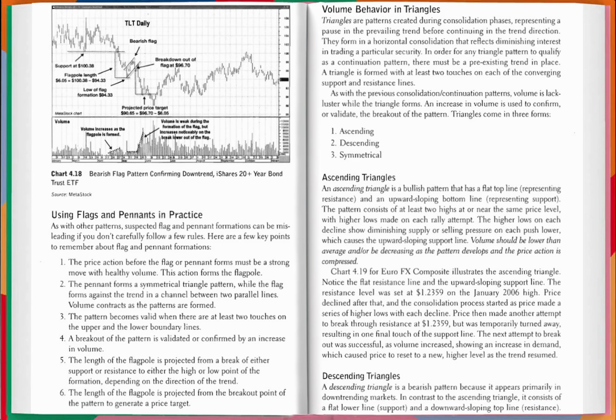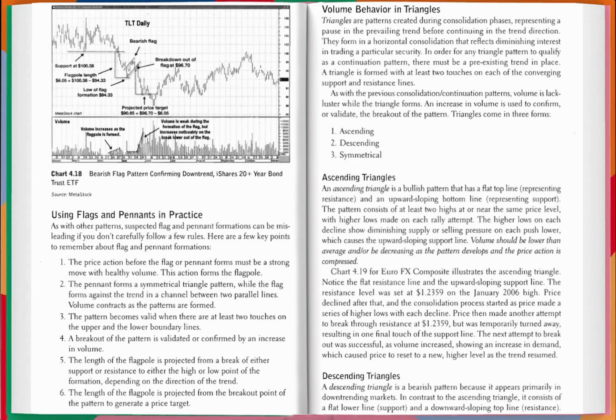The higher lows on each decline show diminishing supply or selling pressure on each push lower, which causes the upward sloping support line. Volume should be lower than average and or be decreasing as the pattern develops, and the price action is compressed. Chart 4.19 for Euro FX Composite illustrates the ascending triangle.